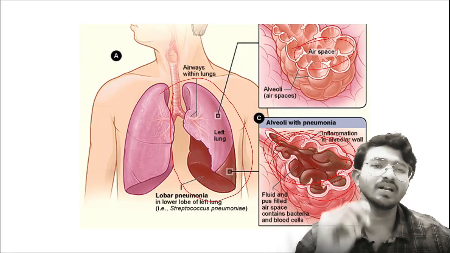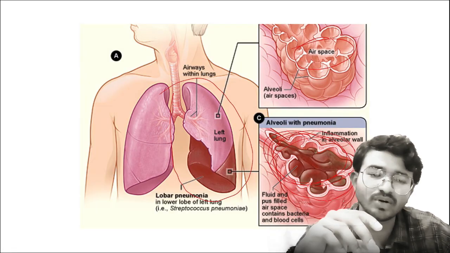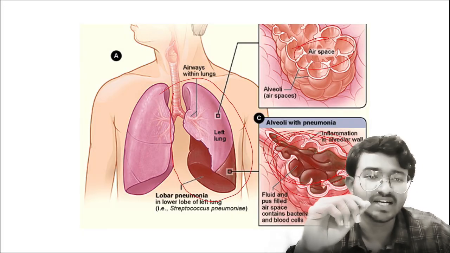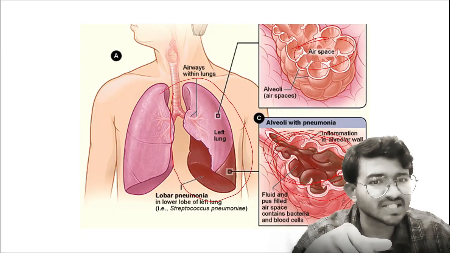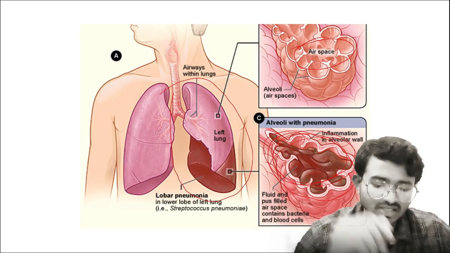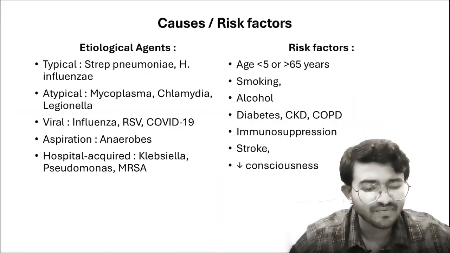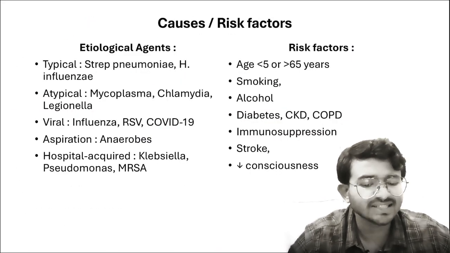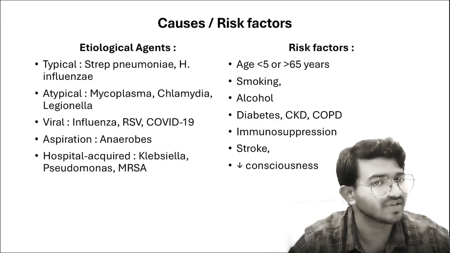In atypical pneumonia, that is interstitial pneumonia, we can see Mycoplasma pneumoniae, Chlamydophila pneumoniae, Legionella pneumophila, and viruses like influenza, RSV, SARS, COVID-19. So these are the typical and atypical pneumonia. Now we have some causes and risk factors. In causes, I already mentioned typical pneumonia, that is Streptococcus pneumoniae and Haemophilus influenzae.